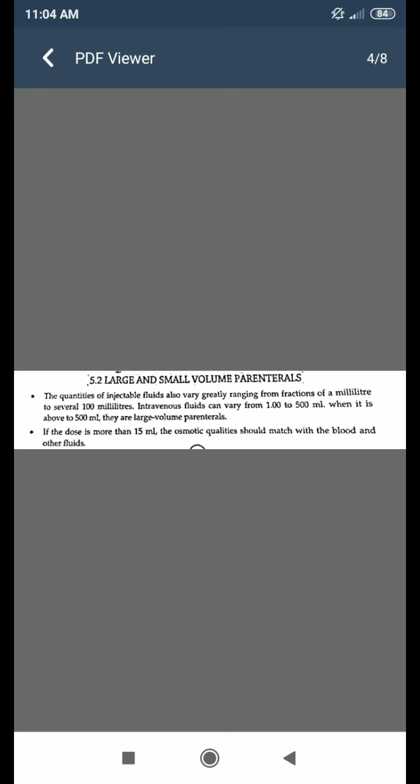Large volume parenterals are more than 100 ml in volume, and small volume parenterals are less than 100 ml in volume.